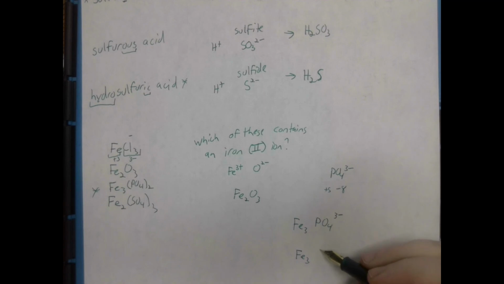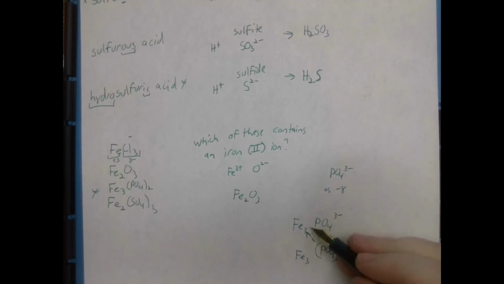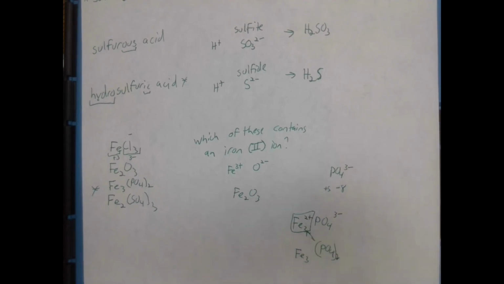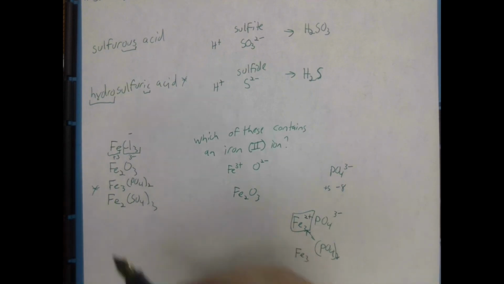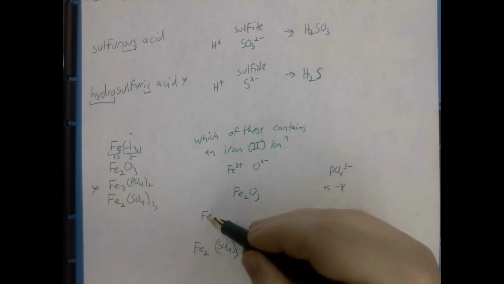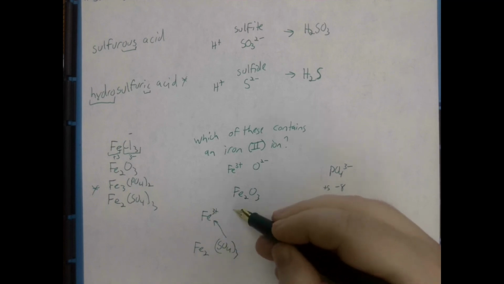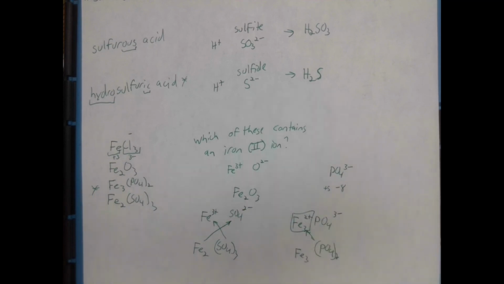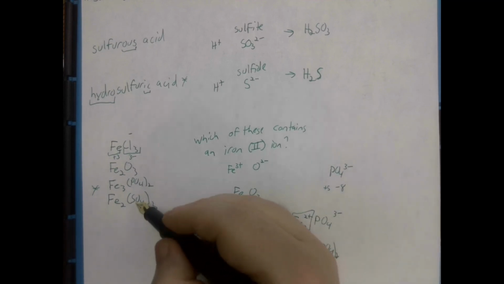The 3 is going to come up here. And the 2 on this has to come up here to this one. So this must have a 2 plus charge. Because the 2 down here would go back when you cross. And same thing here. We have iron 2, SO4, 3. So 3 is going to come up here for this charge. And the SO4 is going to come up here for this one, so that's a 2 negative. So this one is iron 3 also.